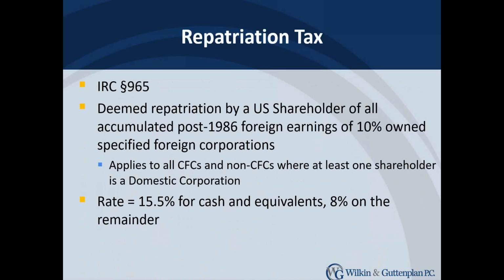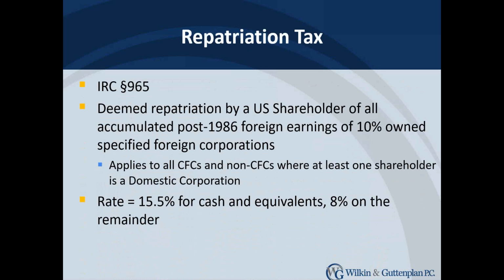The way it works is the cash and cash equivalents are taxed first at 15.5%, and then the remainder is taxed at 8%. The mechanism that the legislation has used for this tax is not a flat rate, however, but a deduction that effectively would get us down to 15.5%.